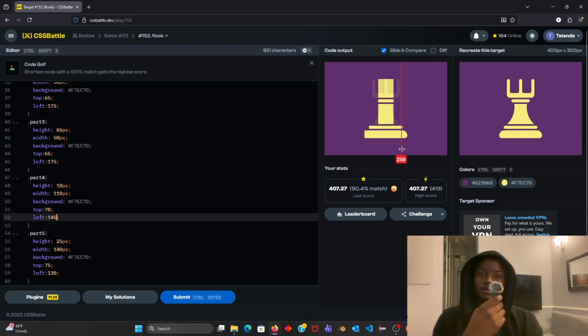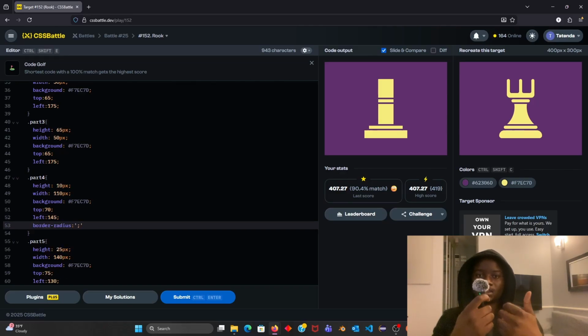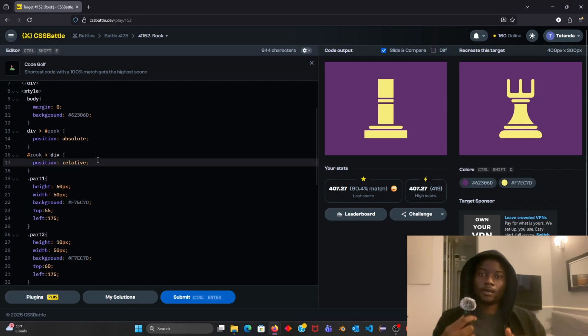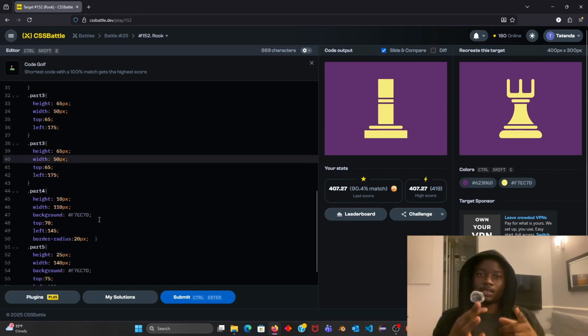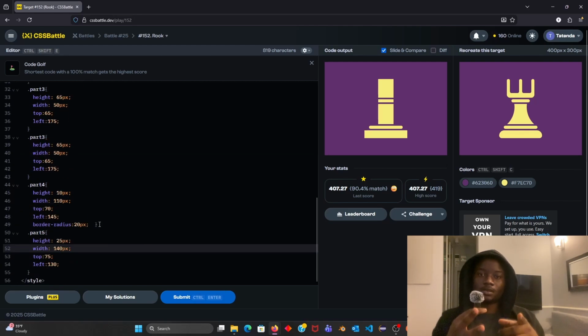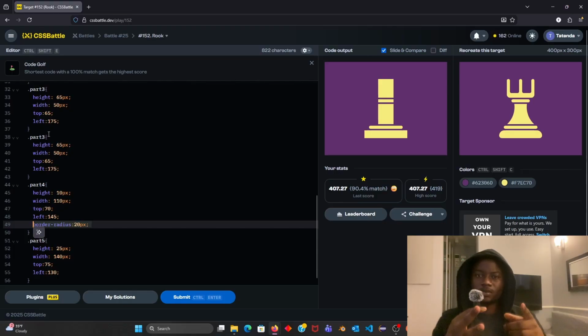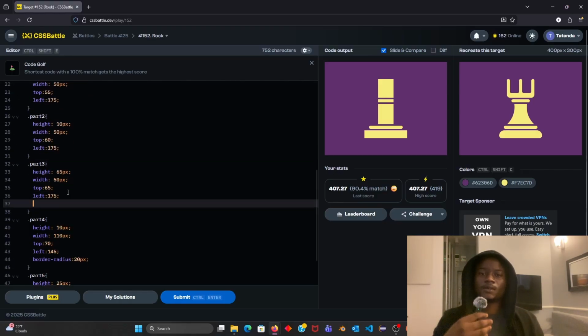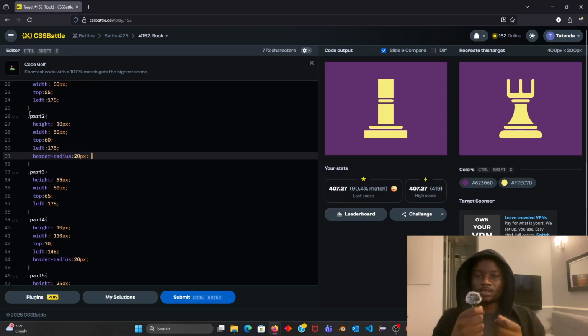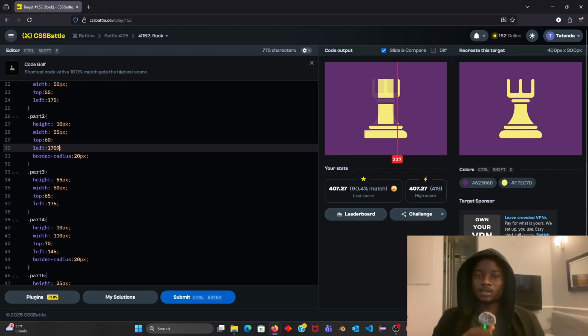And then the next part was to make what would be the space in between those 3 lines. So I made a square, and with that square I made the border radius about 20 pixels or 15 pixels, and that served as the space in between those 3 lines.